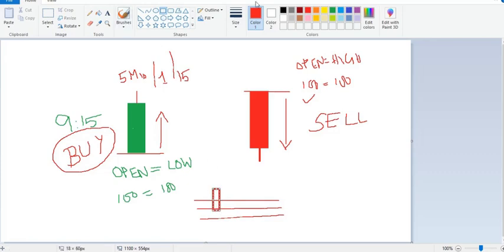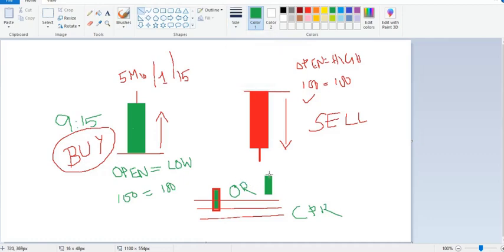If the stock opens inside CPR, or above CPR, this is CPR, and this is open is equal to low.